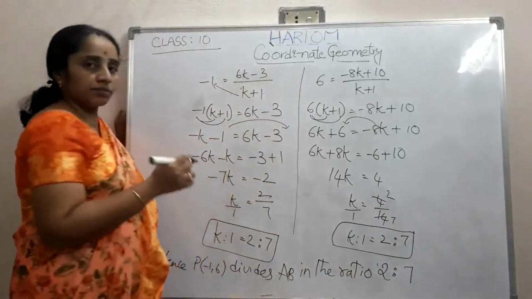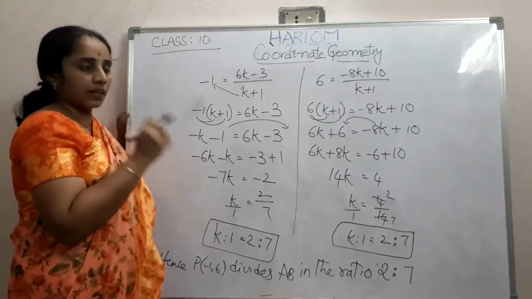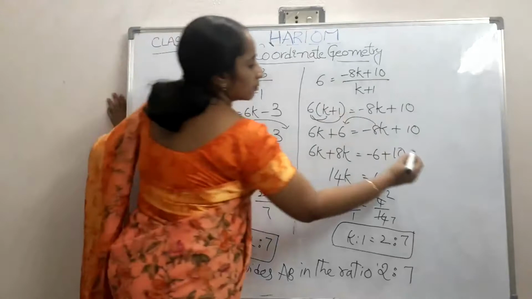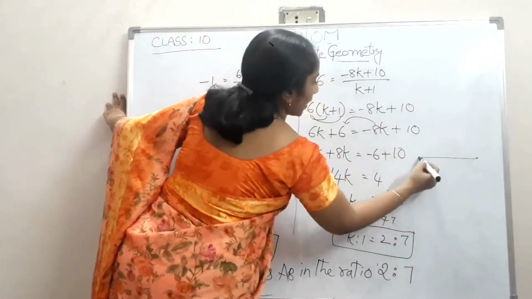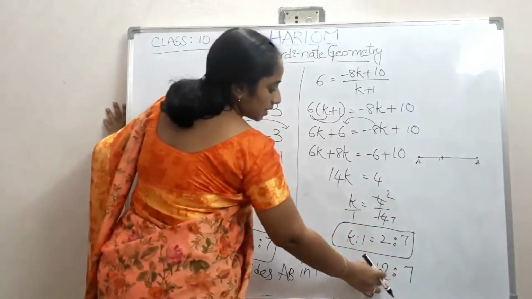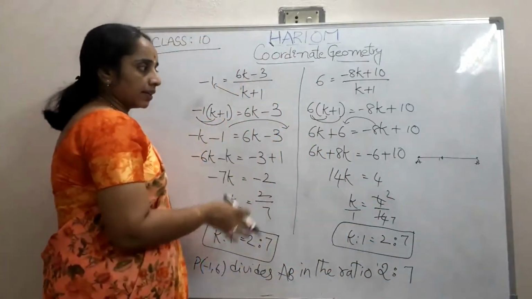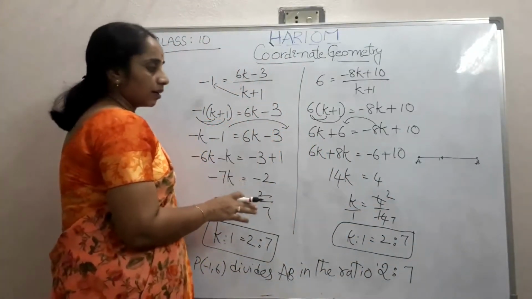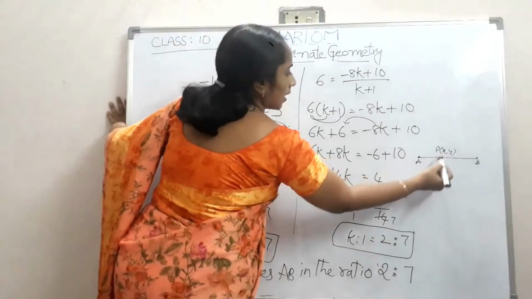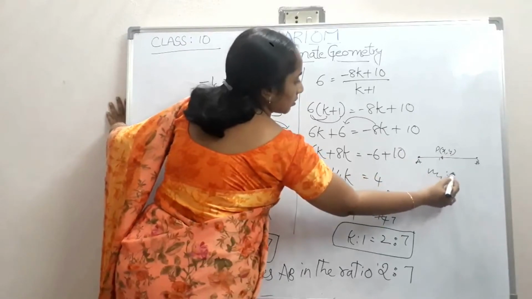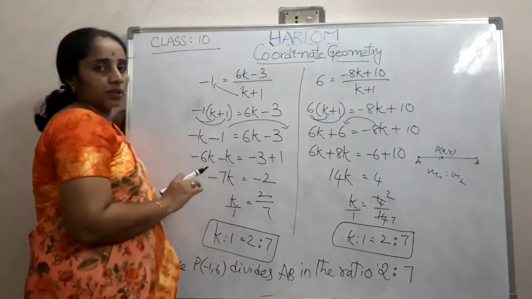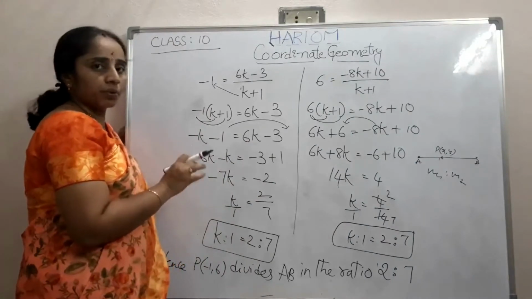See, in the first problem they have given the endpoints of a line segment AB, and then we find this ratio. Here in this problem they have given this point and we are finding this ratio. That is the difference between the two methods. This is also a very important method.